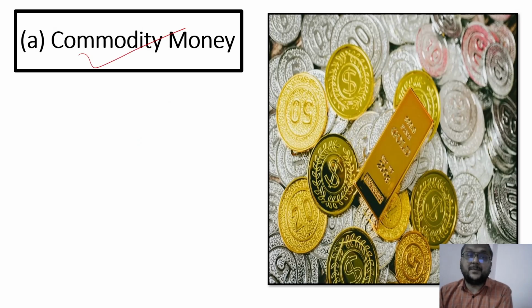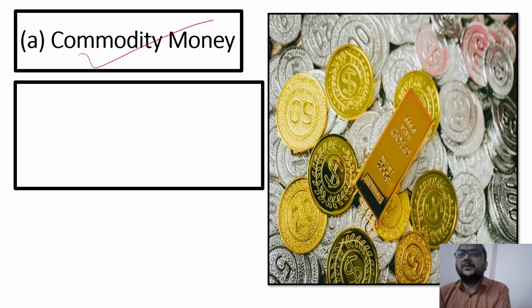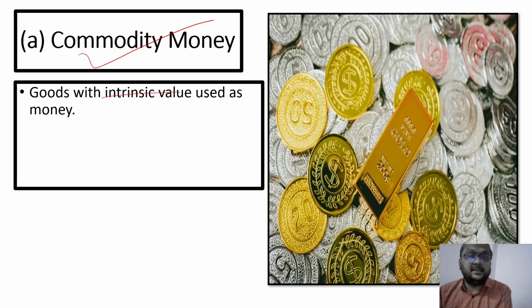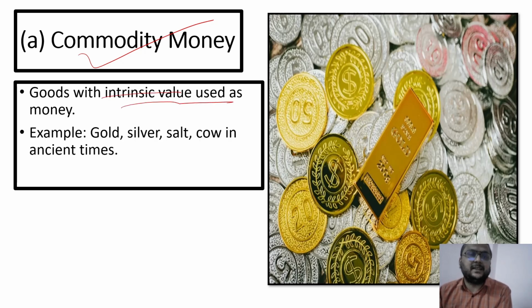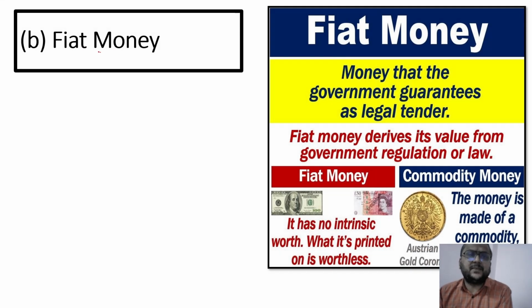The first type of money is commodity money. Some goods have such good intrinsic value that they act as money, like gold, silver, salt, cow in ancient times.